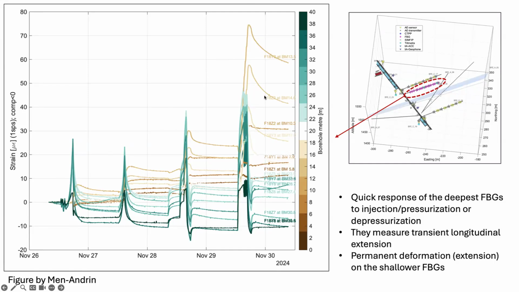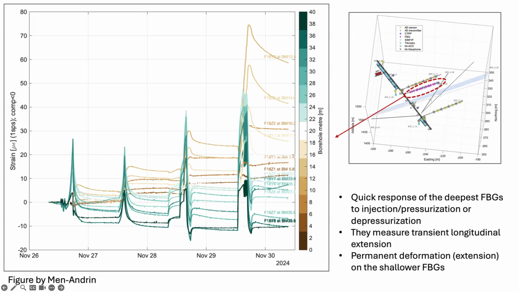The traces are color-coded based on the location of the sensors at depth in the monitoring borehole BFE 18. The green sensors and traces are associated with the sensors which are deeper in the borehole, and vice versa for the yellowish brown ones.